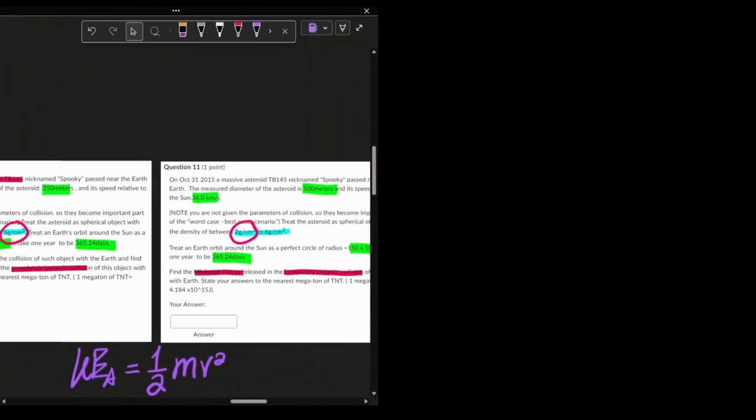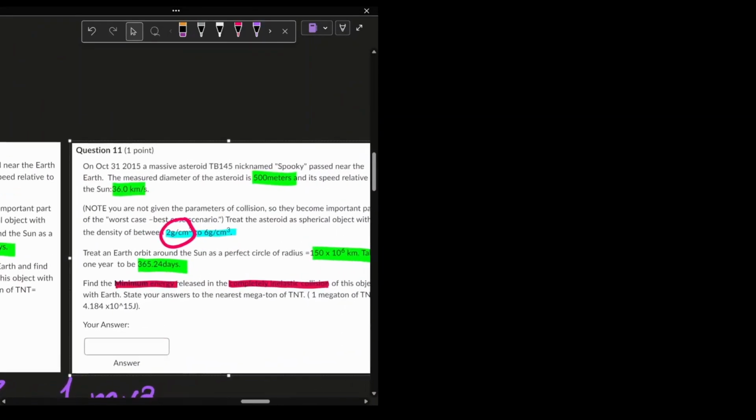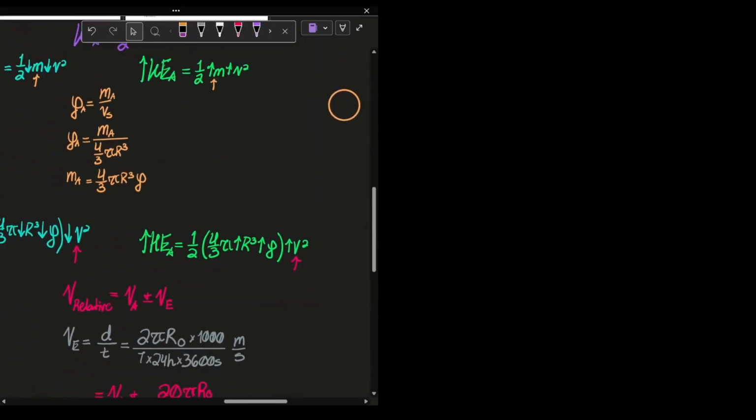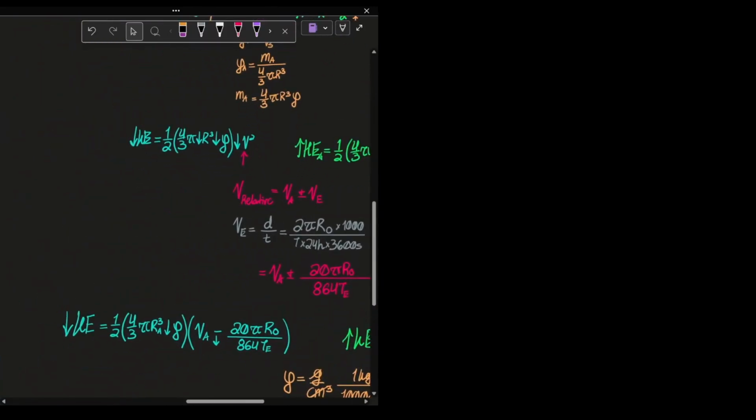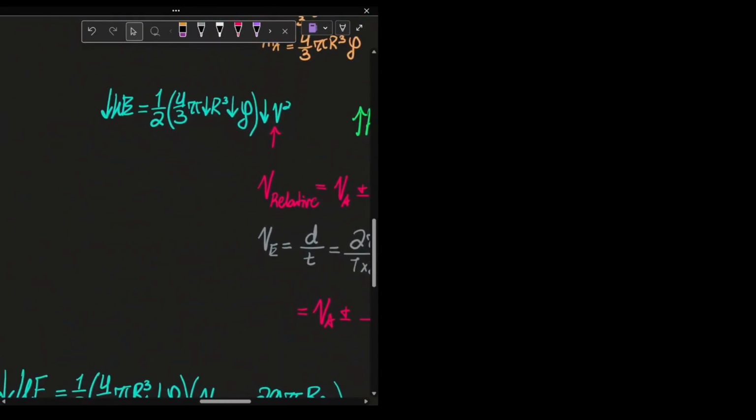What happened here? It's probably the minimum, which was green, or sorry, blue. I mixed up the signs.